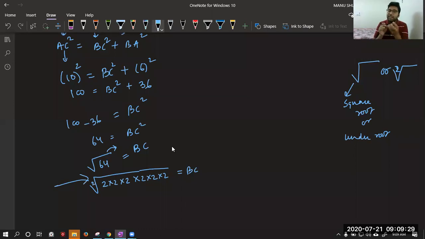It only allows 2 of the same to come out as 1. So these two are the same, 1 2 will come out. These two are the same, 1 2 will come out. These two are the same, 1 2 will come out. And the answer is 8 is equal to BC.